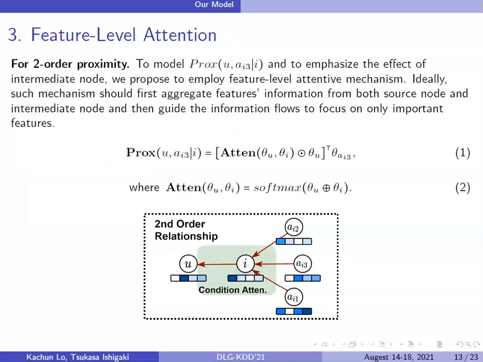Also, to model this proximity of U and A given I, and to emphasize the effect of the intermediate node, we propose to employ the feature level attention mechanism. Ideally, such a mechanism should first aggregate feature information from both the source node and the intermediate node, and then guide the information flows to focus on these important features or important channels in the embeddings.